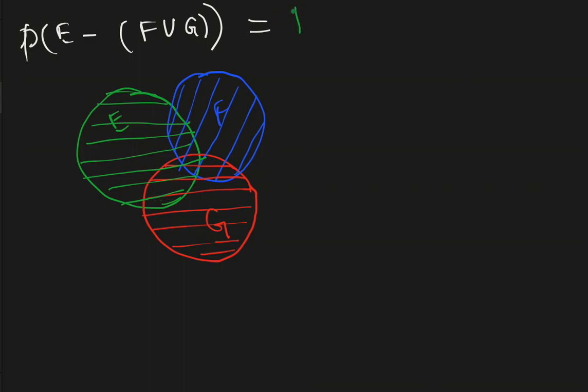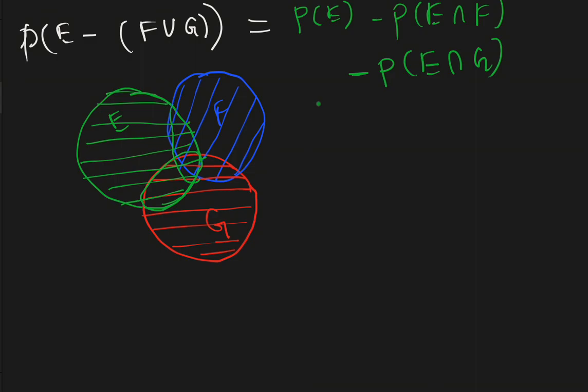If from PE I subtract this part, that means PE intersection F, and also subtract this part, that means PE intersection G, I actually get E minus F union G, because the only parts of E inside F union G are these two parts.